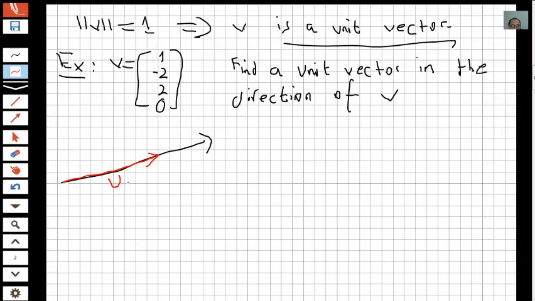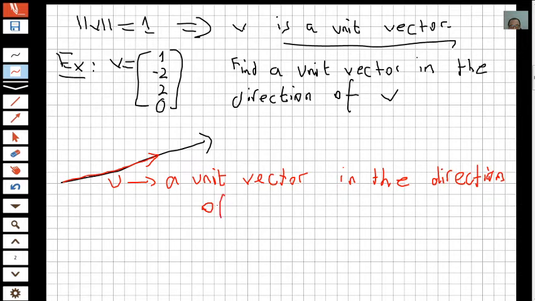Okay, u is a unit vector in the direction of v. This is the vector u and this one is v.